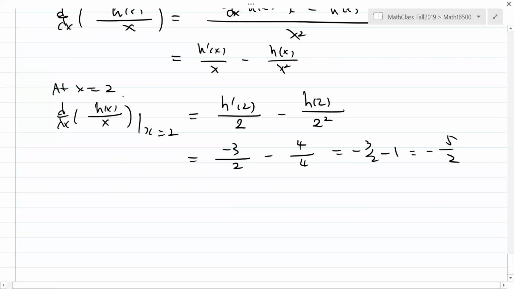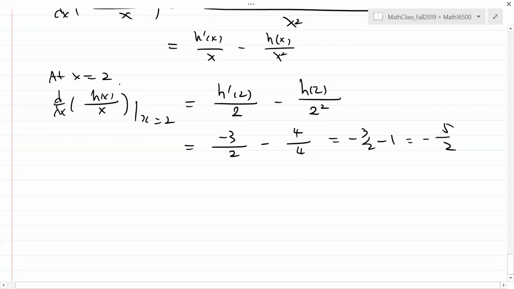But don't forget to simplify the function if possible before you find the derivative. Right? So here's another problem.